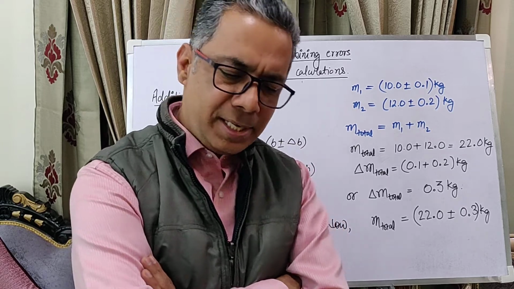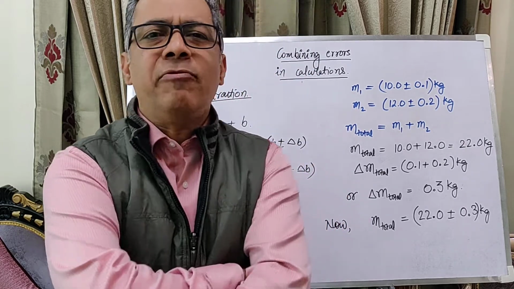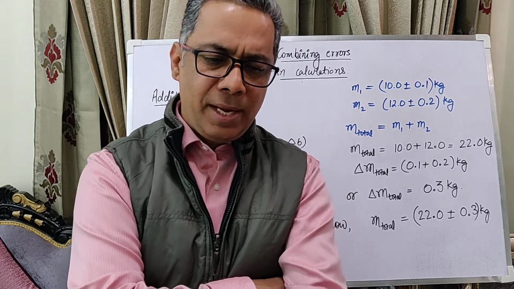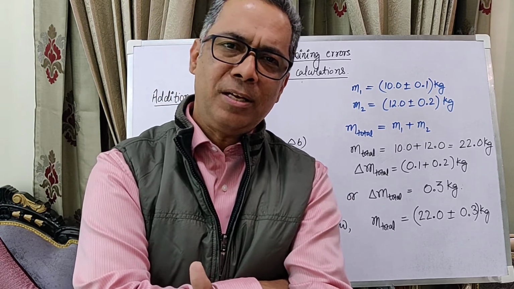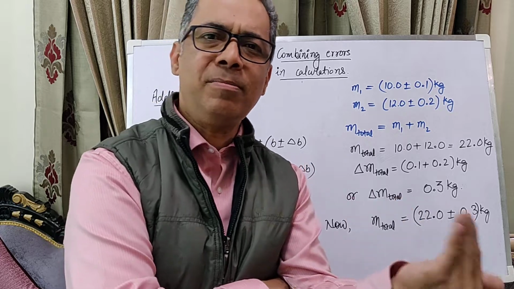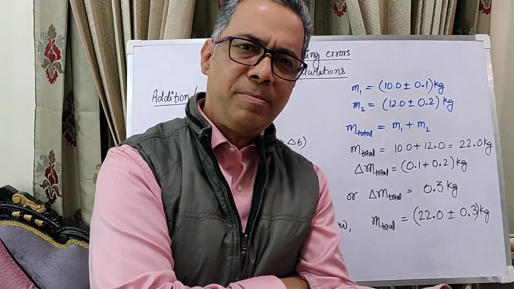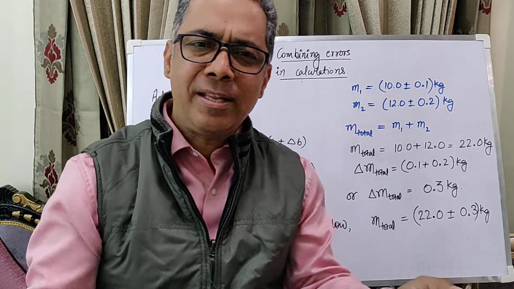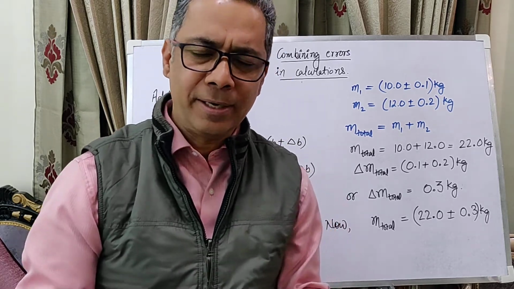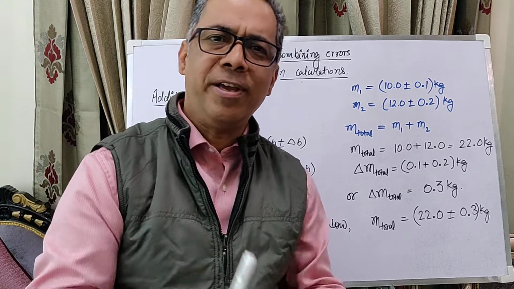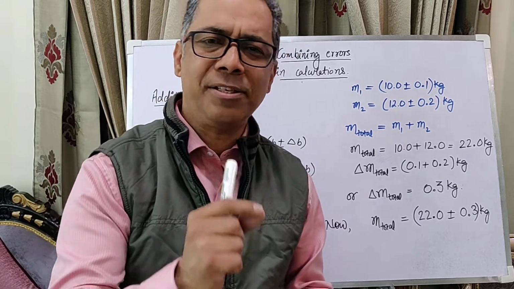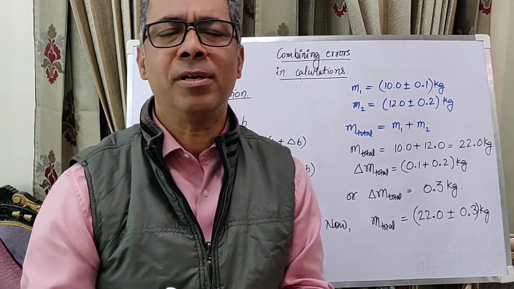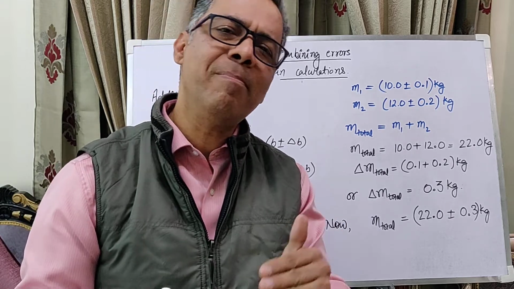Now what's a compensating error? For instance, if we were adding A and B and there was an overestimate in A and an underestimate in B, the underestimate in B would cancel out the overestimate in A and therefore reduce the overall error. So subtraction of errors has an inherent assumption of a compensating error.